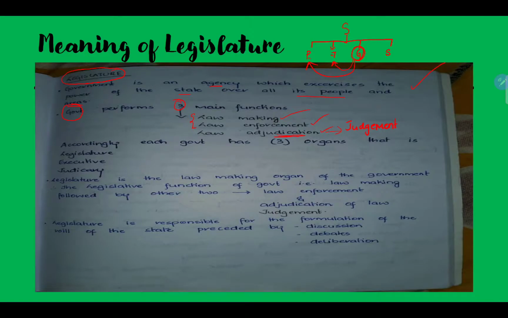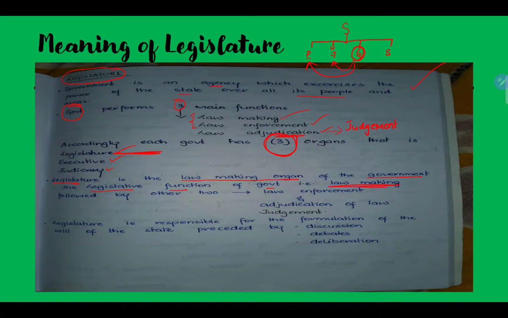Accordingly, each government has three organs, that is legislature, executive and judiciary. Today we will be understanding one organ, that is legislature. Legislature is considered as the lawmaking organ of a government. Therefore the legislative function of a government is lawmaking.